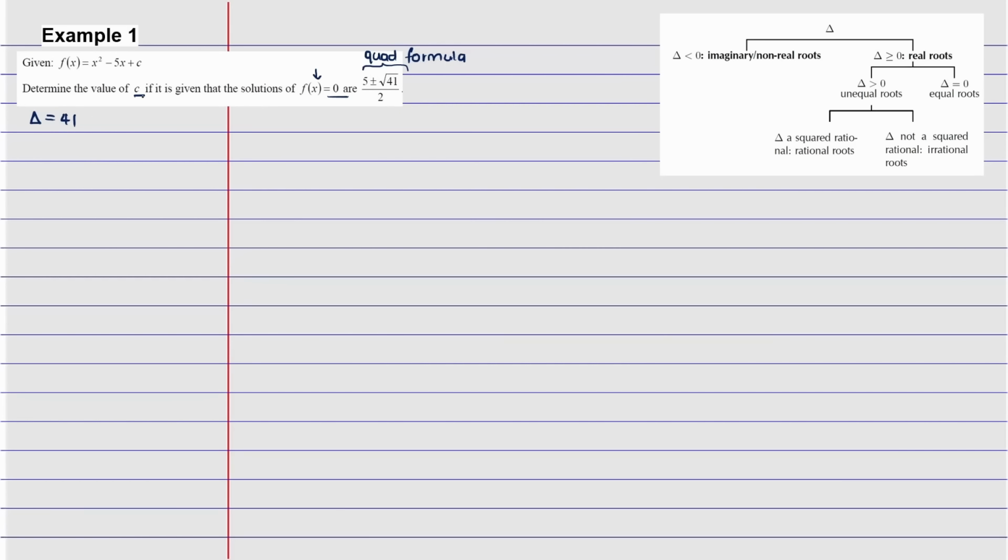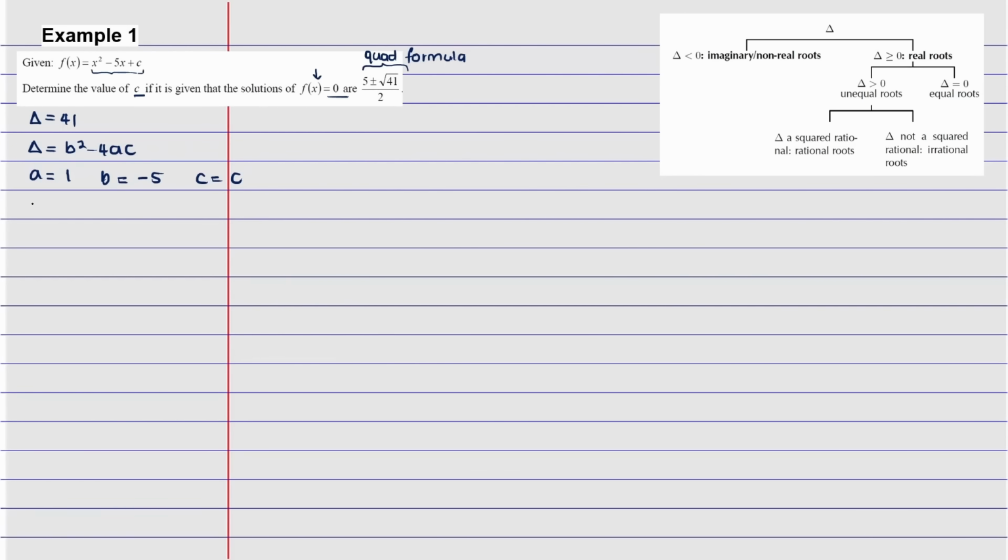Now, since we know this is equal to 41, I can change this in terms of the delta. So we know that delta is equal to b squared minus 4ac. From here, we know that a is equal to 1, b is going to be equal to negative 5, and c is just c, and that's the value that we want, the unknown.